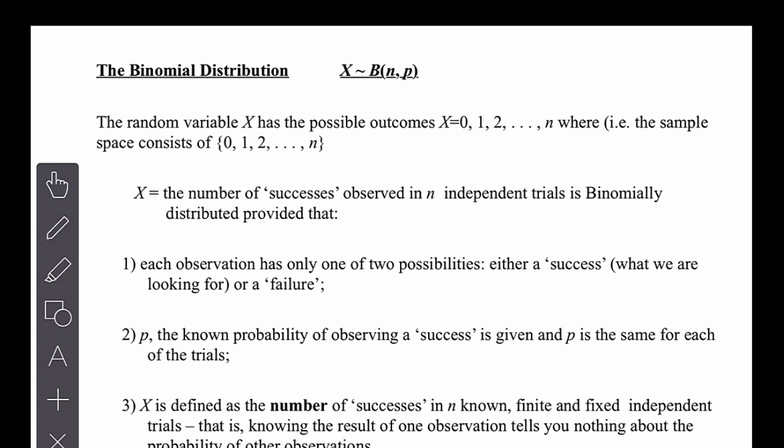Okay, this is binomially distributed, provided that, first, each time you observe, you are looking for a success, and the only other possible outcome is what we call a failure.